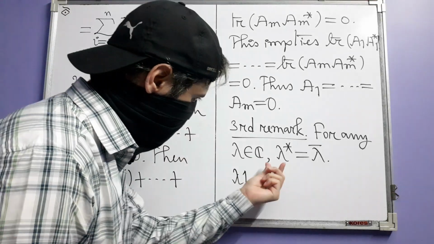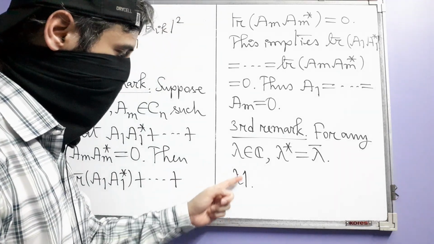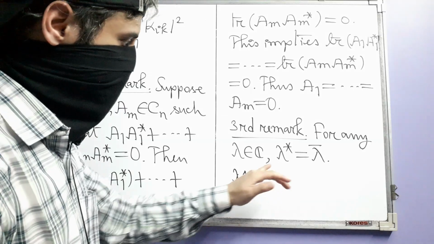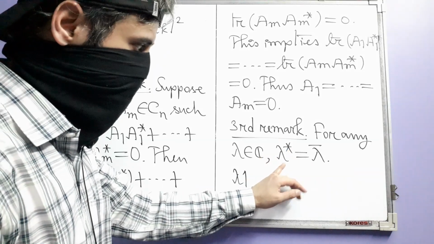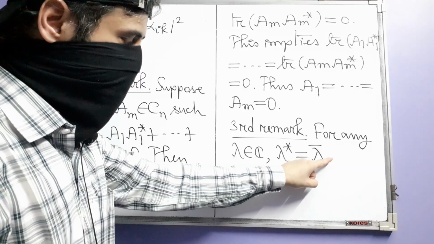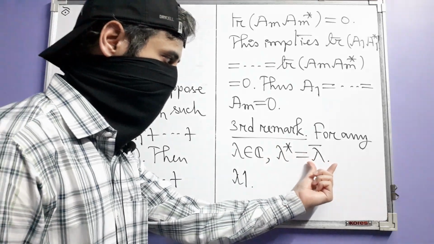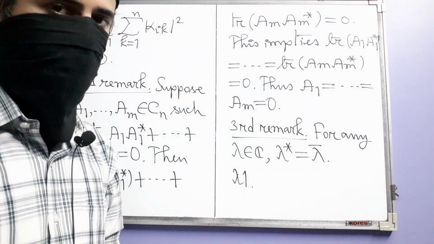So this actually is a matrix. Instead of every time writing lambda 1, we just simply write lambda. In that sense, this is the Hermitian adjoint of lambda 1. And the right hand side similarly is that matrix which is lambda bar times the n by n identity matrix.